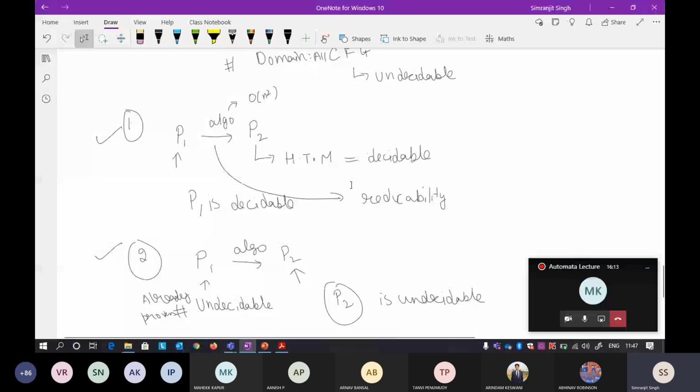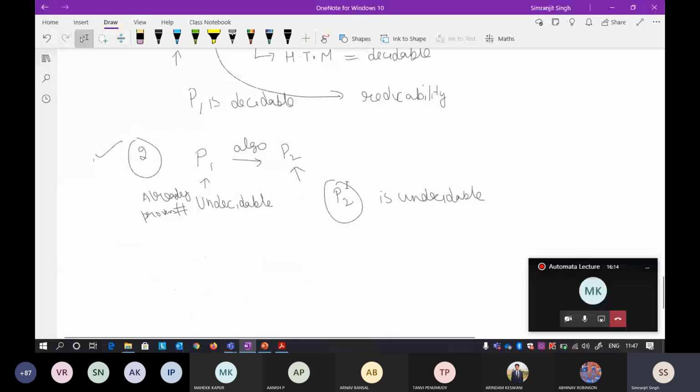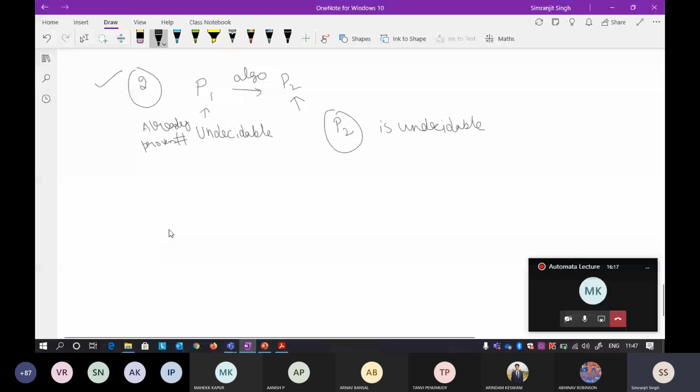Now another theorem that I want to tell you about is the halting Turing machine. You also already know what the Turing machine halting problem is. For a particular problem, if a Turing machine halts, you can directly say that the problem is recursive.